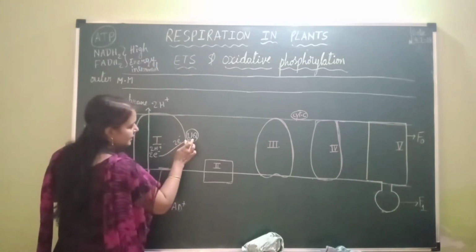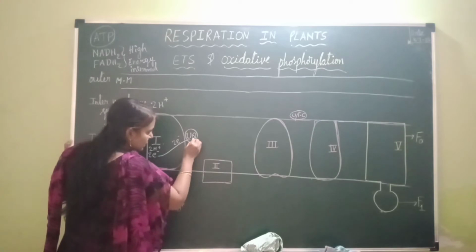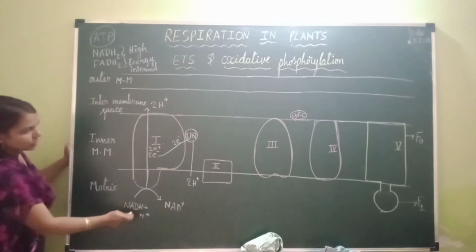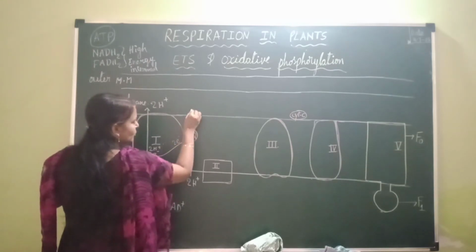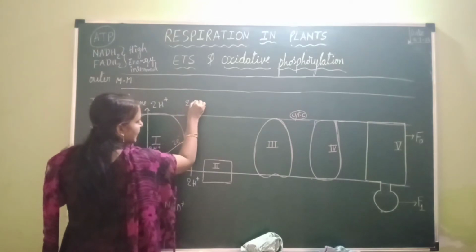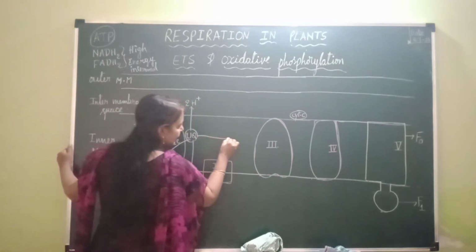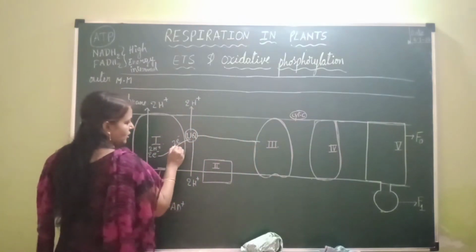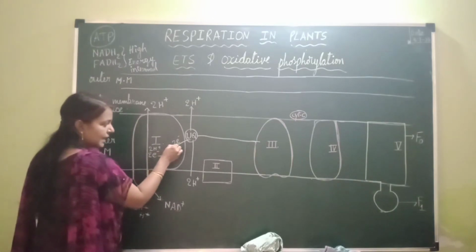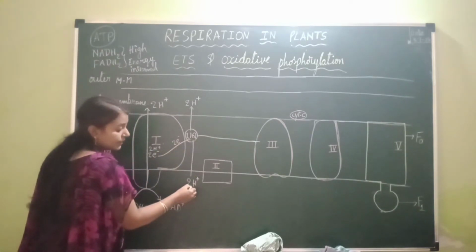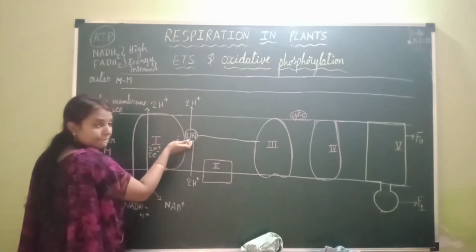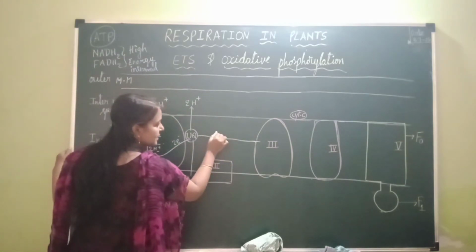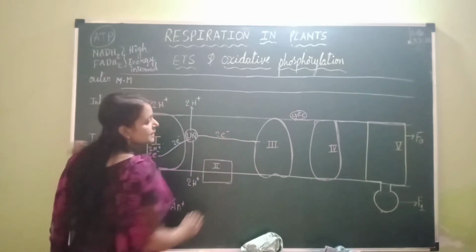So when two electrons enter into ubiquinone, it consumes two protons from the matrix and pumps those two protons into the intermembrane space, but transfers the electrons to the next complex, that is the third complex.